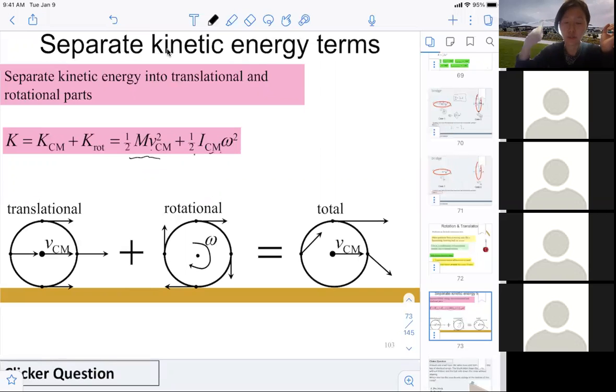The other part is rotating around the center of the mass, so you will have kinetic energy for rotation. That's 1/2 I omega squared. So 1/2 mv squared is for translation, 1/2 I omega squared is for rotation, and the object has both translation and rotation. So the total kinetic energy is simply these two added together.